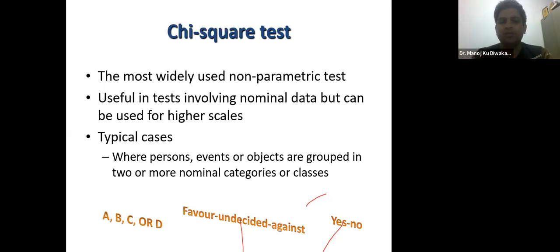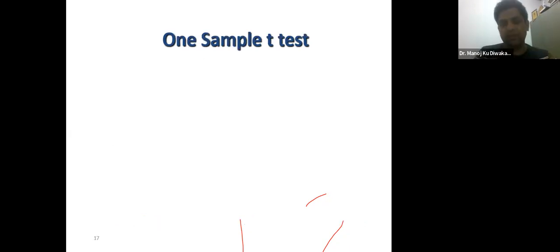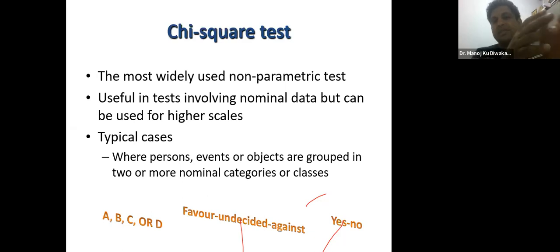Typical cases are where the person, event, or object are grouped in two or more nominal categories or classes. For example, flavor A, B, C, D, favor, undecided, against, yes, no, rural, urban, male, female, transgender. If such a variable is with you, then you can go for the chi-square test. A chi-square test is telling you the association between the two categories.